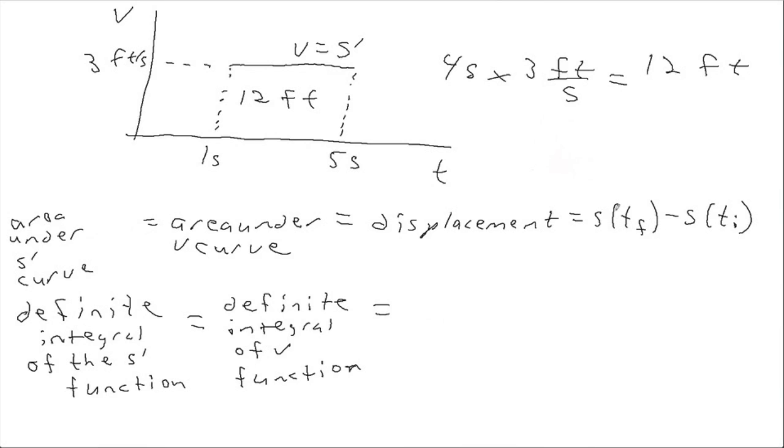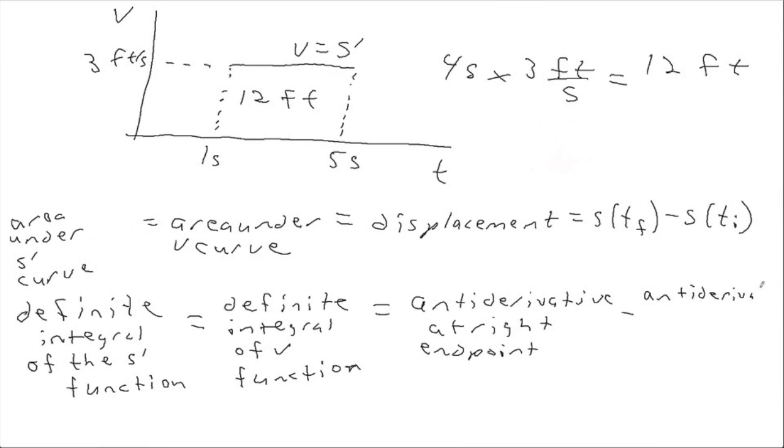Remember, S is the antiderivative of V. S is the antiderivative of S prime, so what we've got here is that the definite integral is the antiderivative at the right endpoint minus the antiderivative at the left endpoint.